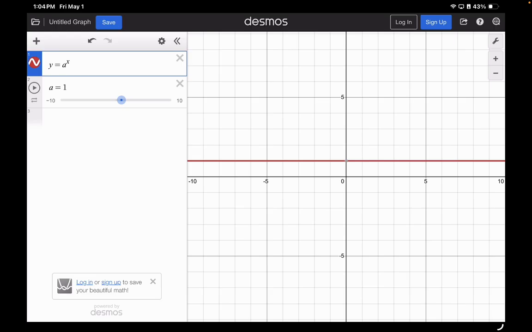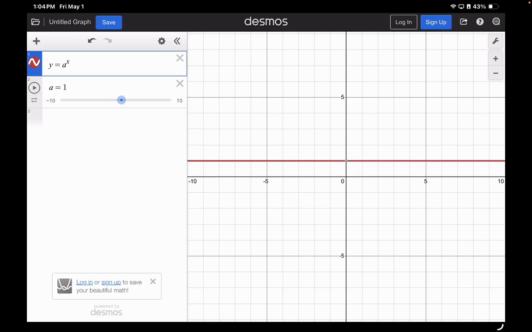The line is y equals 1 at all times. It's not really an exponential function because it just simplifies to 1. So it doesn't have the asymptote y equals 0, right? Do you agree? What asymptote does it have? Nothing. It will never approach anything. It's just going to be 1.